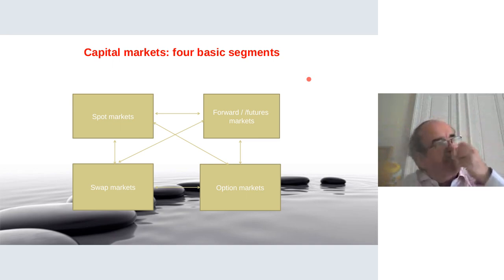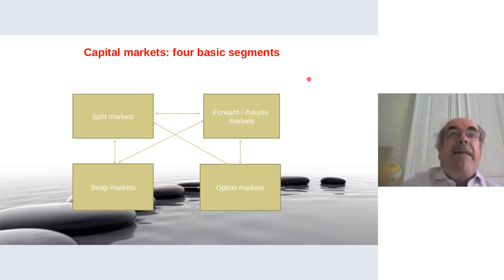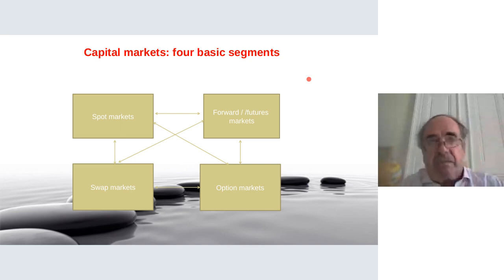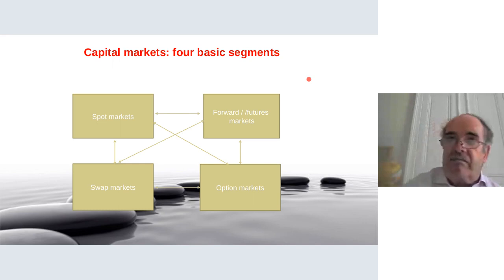You borrowed, for instance, $1 billion, because you are a huge firm, on a variable basis. That is, each 6 months you will pay the LIBOR, the variable rate. So you have an interest rate risk. If the 6 months interest rate in dollars moves up, you will lose a lot of money because your interest will move up. So you would like to go to a fixed rate debt instead of a variable rate.